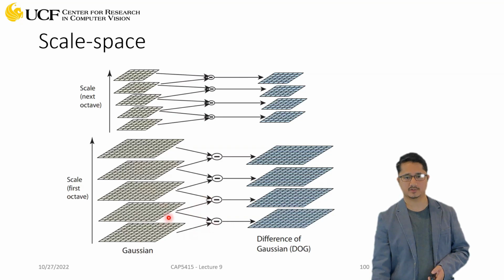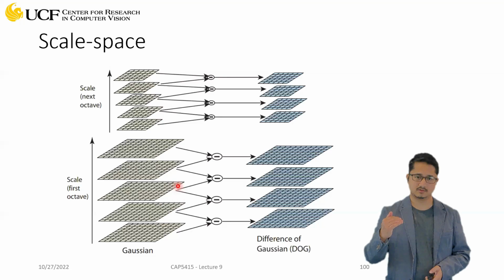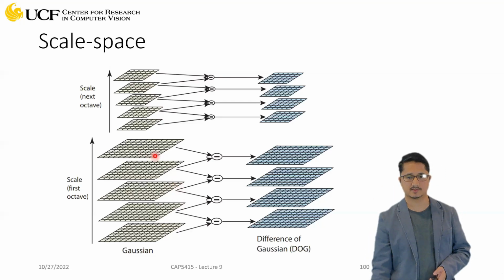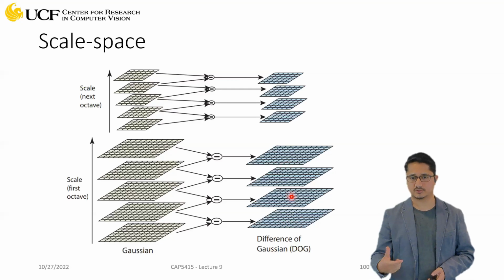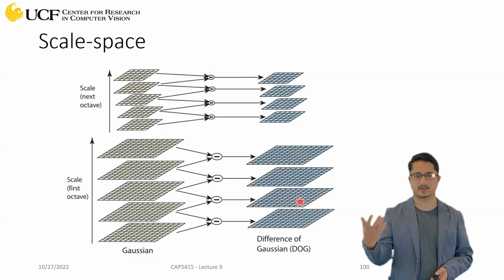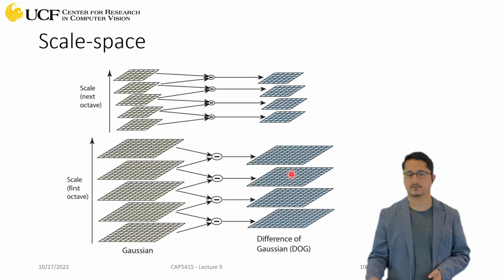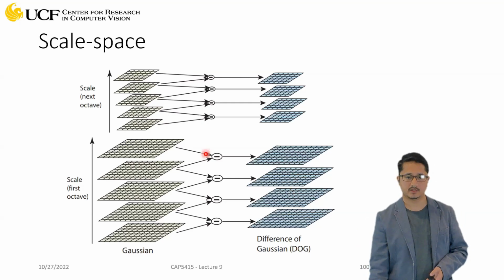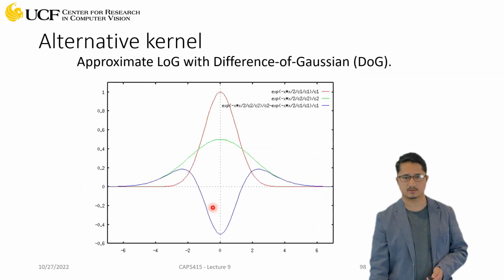So this is subtracted from this, and again this is subtracted from this. You keep doing that over multiple scales, and these are your response activations after difference of Gaussian, which will be an approximation of your Laplacian of Gaussian as well. This is the same step which we discussed right over here.